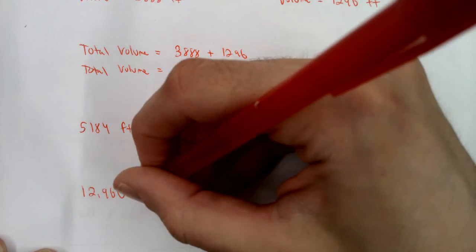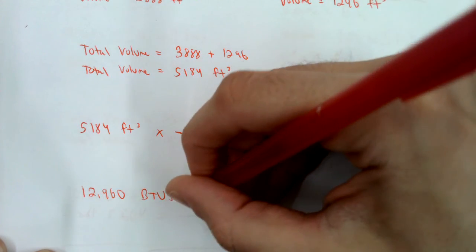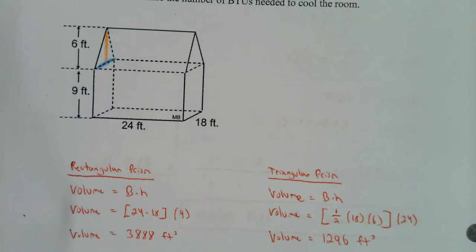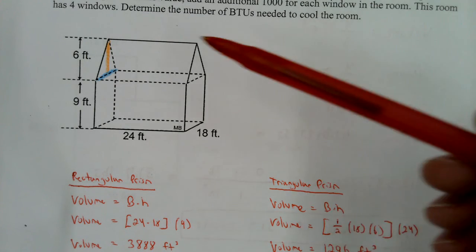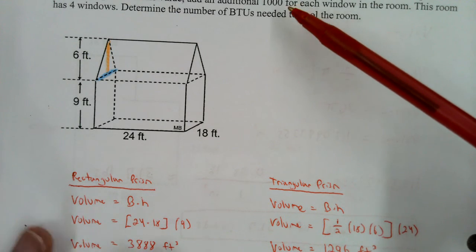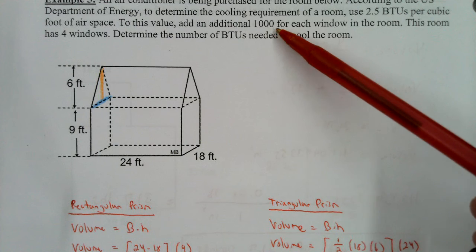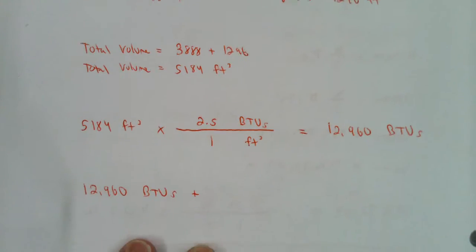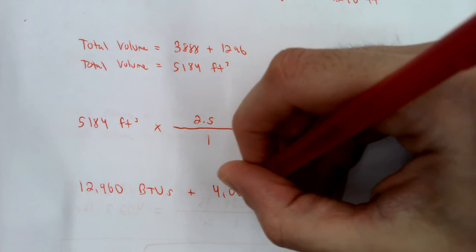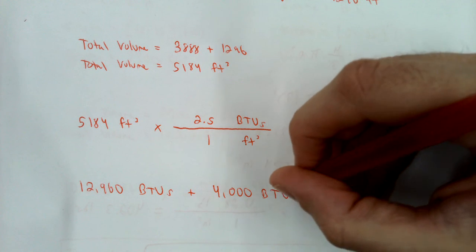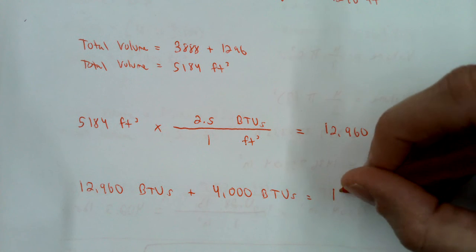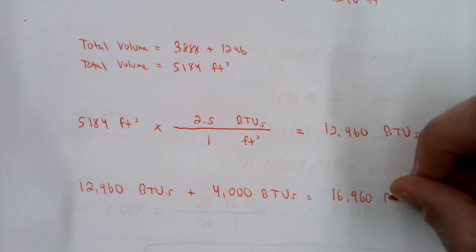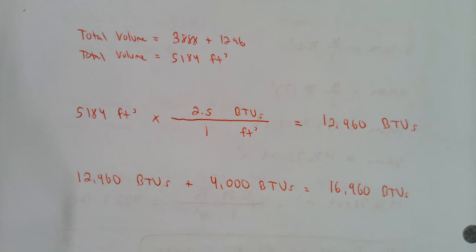Okay, so now what we're going to do is take that number, and it says we have to add on 1,000 BTUs for each window. And this room has 4 windows, so it means we're going to add on 4,000 BTUs. To get the final answer of 16,960 BTUs.